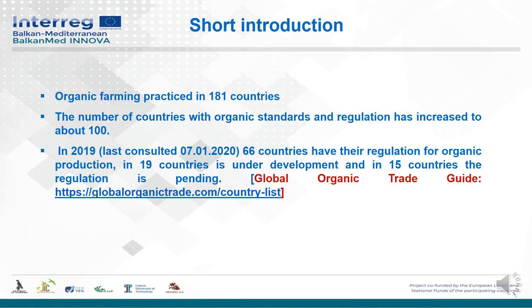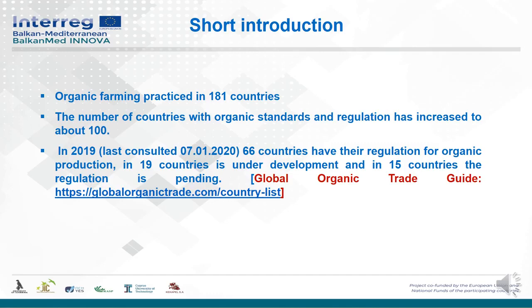Speaking still about the organic agriculture movement and how the sector is today, the statistics, at least from the previous year, show that organic farming is practiced in 181 countries.